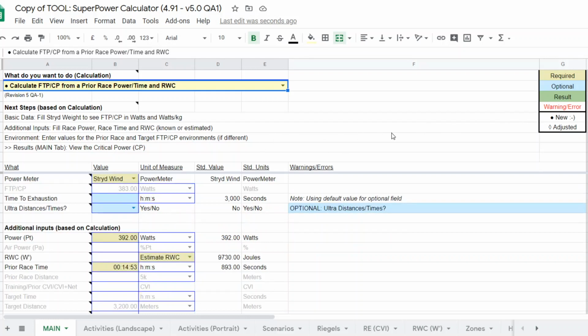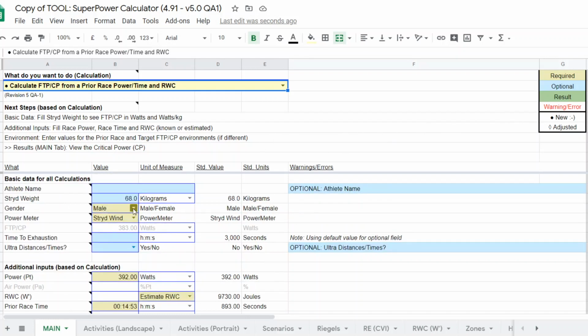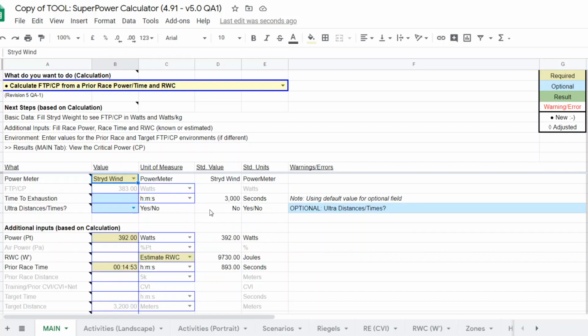Let's go ahead and plug in some data. There's a male using a stride wind. The reason you want to have that in there is there's a portion of the calculator that will actually estimate reserve work capacity for you based on our population data.